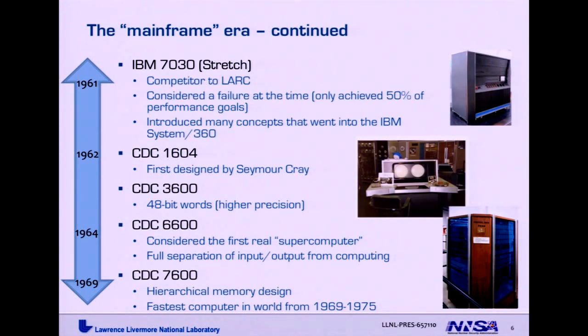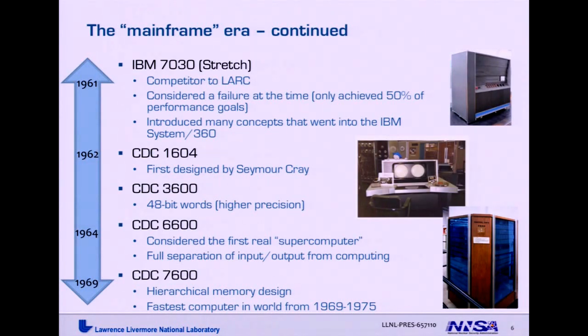So CDC, Control Data Corporation, was the name of the company. They kind of, like I said, led the way. A machine called the 6600, people refer to that just by its name. Remember the 6600? It was really considered the first real supercomputer in the mid-60s, and then the 7600 followed that, and it had an unprecedented run of 6 or 7 years where it was the fastest machine on the planet for a long time.